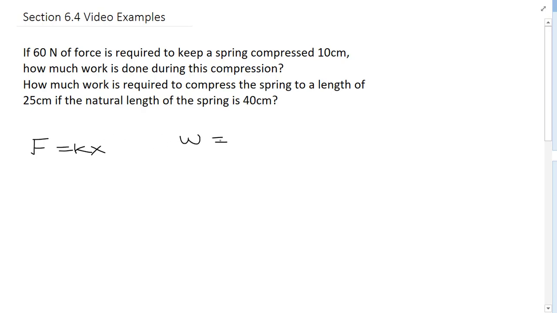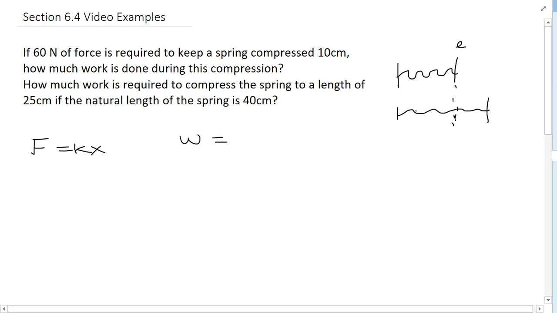And the work, because this is a variable force, if you stretch it past the equilibrium point, to find the work you have to take little chunks of the spring and find the force there. So the force is changing as you go through.